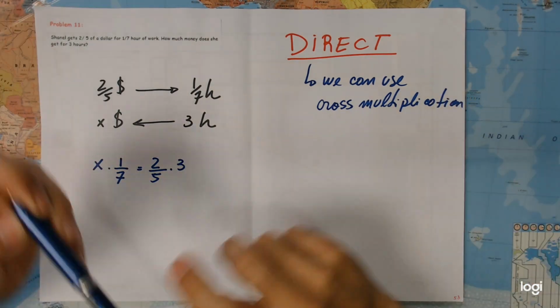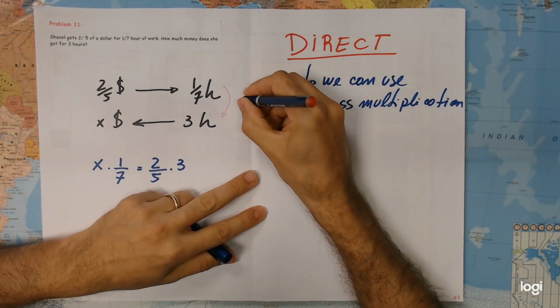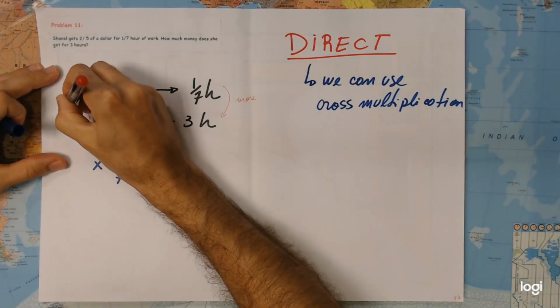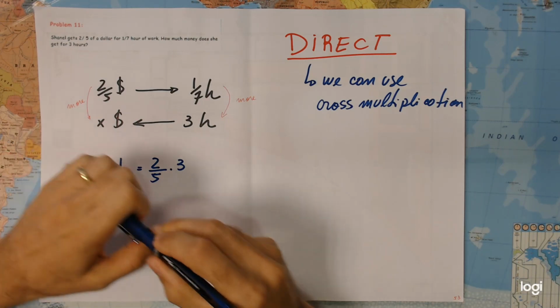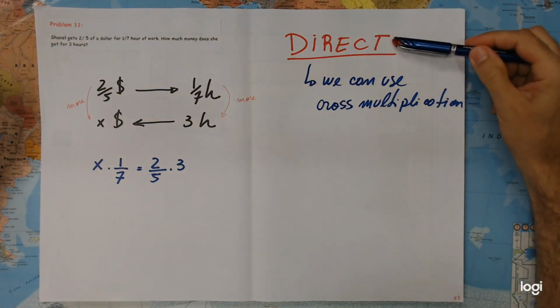So we have the more on this side, the more will be on this side. This is a direct kind of problem.